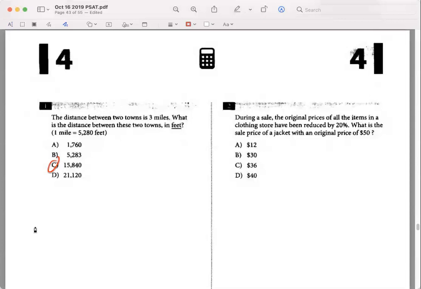Question 2. During a sale, the original price of all the items in a clothing store have been reduced by 20%. What is the sale price of a jacket with an original price of $50? So the new price for this jacket would be 50 minus 20% of 50, right? Because each item has been reduced in price by 20%.